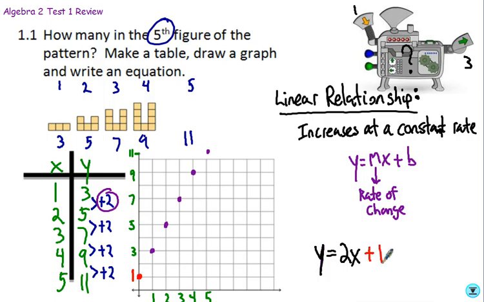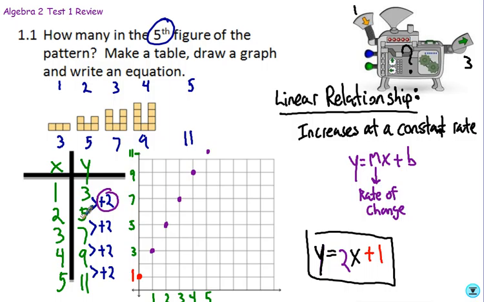So I would actually say y equals 2x plus 1. And then I can test that out. If I said, okay, 2 times 1 is 2, plus 1 is 3. Okay, that works. 2 times 2 is 4, plus 1 is 5.